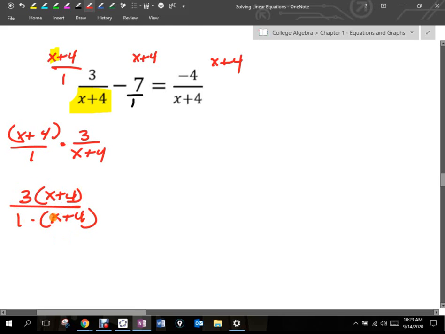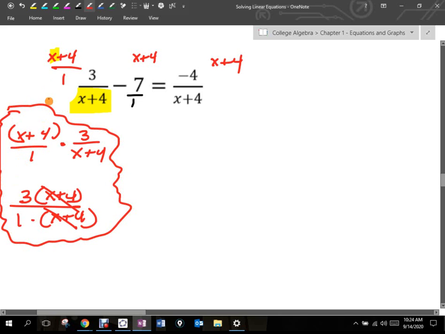What's going to happen with the x plus 4s? They cancel out, okay? I'm going to venture to say that a lot of us are not going to take the time to write that, but that's the logic of why we do this. Those cancel. Leaves me with 3, right? Does anything cancel in this second one? No, okay? So I'm multiplying a -7 times that quantity.